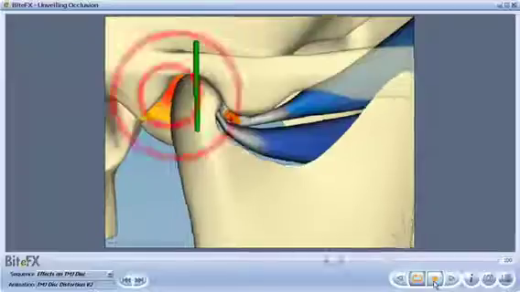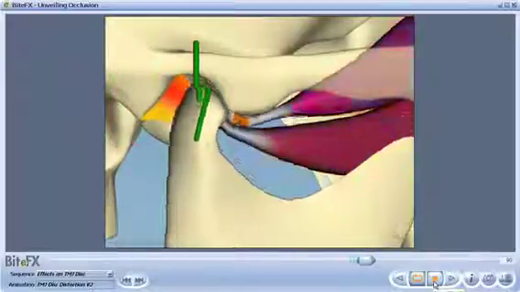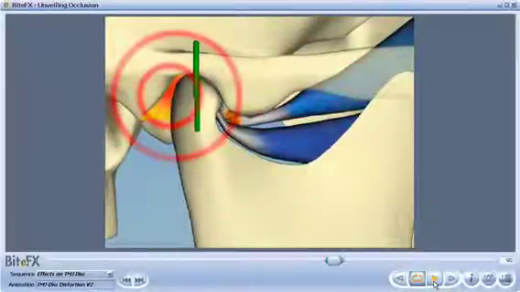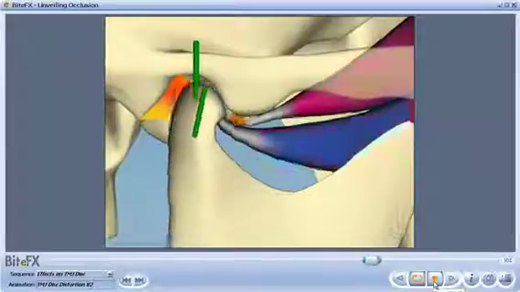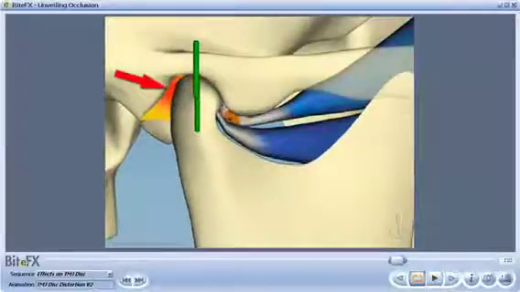The disc is just crumpled in front of the jaw and may make it difficult for the jaw to open. Pain may actually reduce at this point because the sensitive tissue is no longer bearing quite as much force.